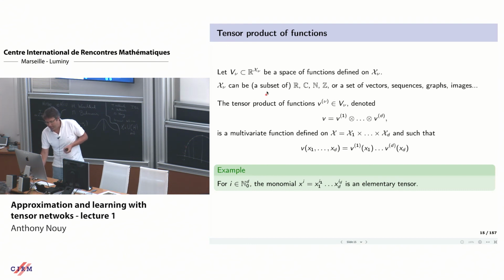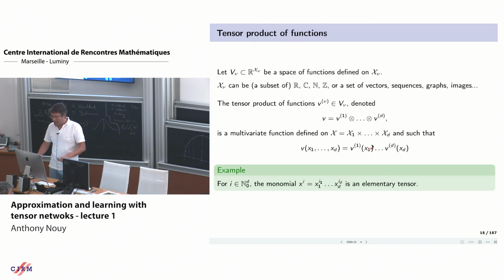Whatever the setting here, the tensor product of functions v_nu will be denoted like this, and it's exactly the same as before. It's defined as the product of univariate functions, v1 evaluated at x1 times v2 evaluated at x2, and so on. So same presentation as before. Before we had that x1, x2, and so on were just integers between 1 and n_nu. Now x1 can be a more complicated object.